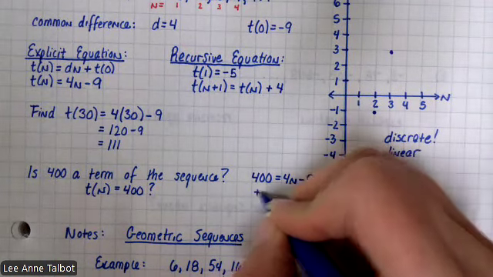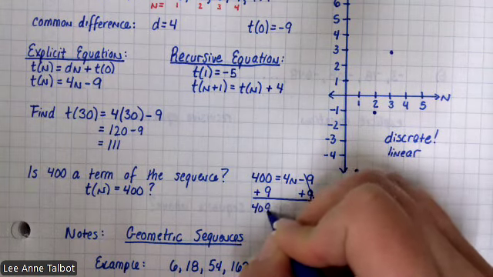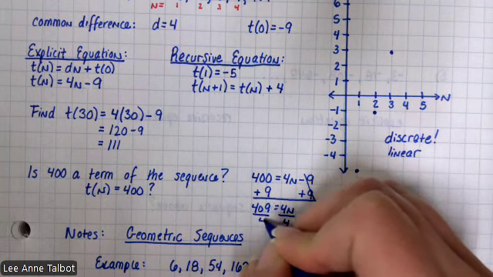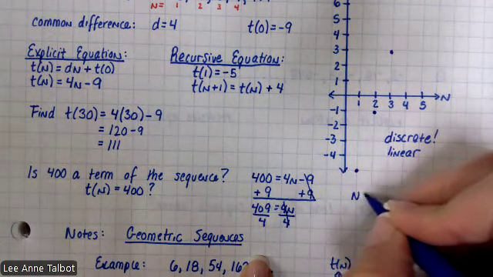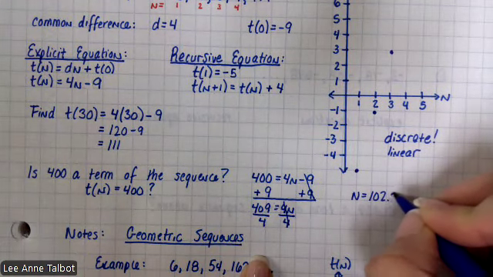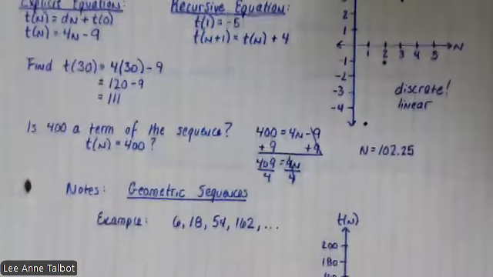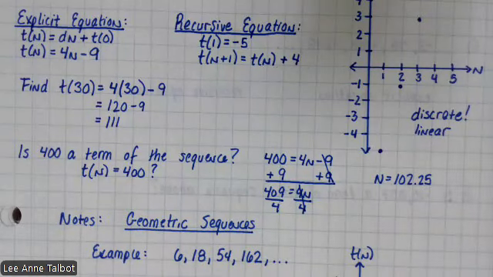Plus 9, plus 9. 409 divided by 4 is 102.25.